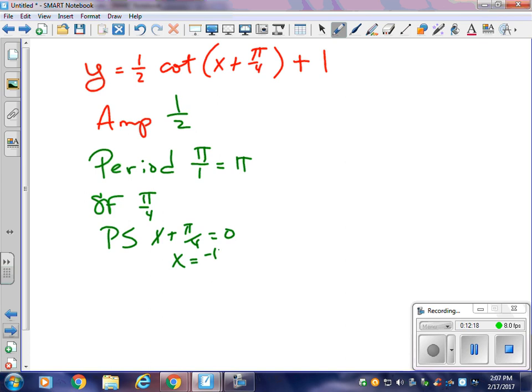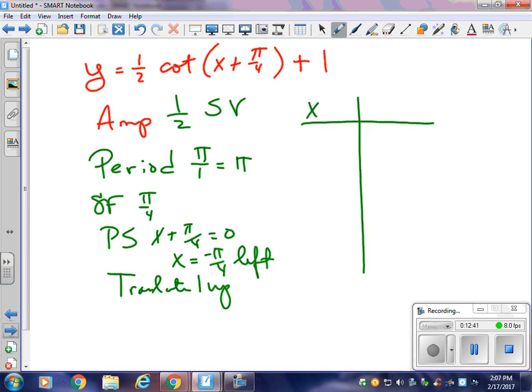So x equals negative pi over 4 makes it go left pi over 4, and then it translates up 1. The half makes it stretch vertically. There's no compression because it's still pi.